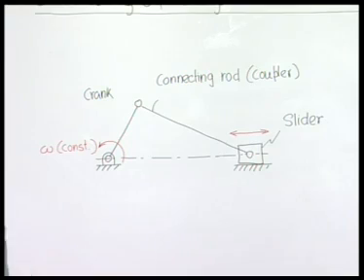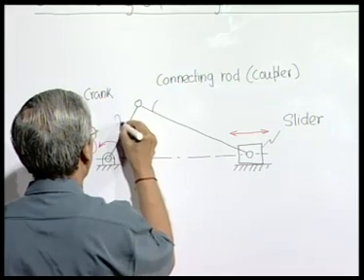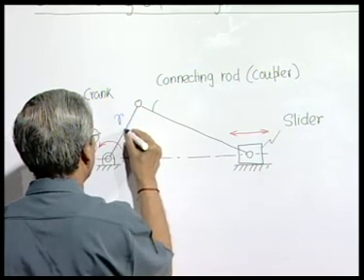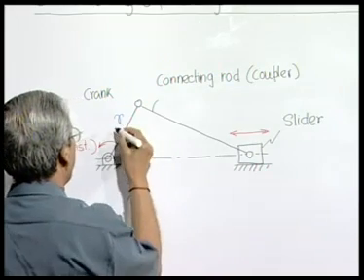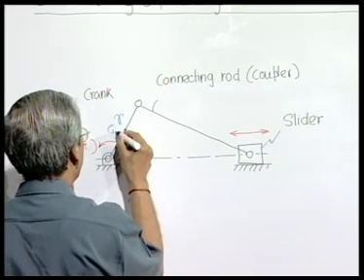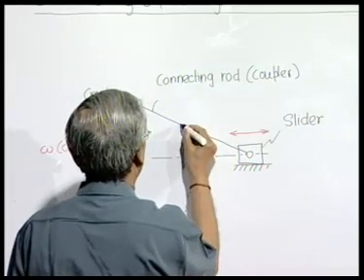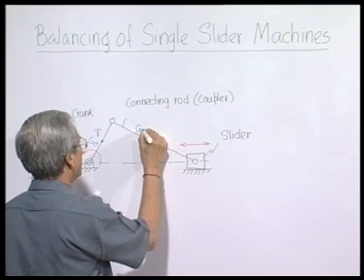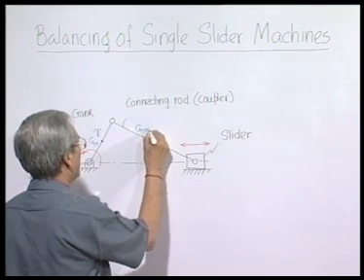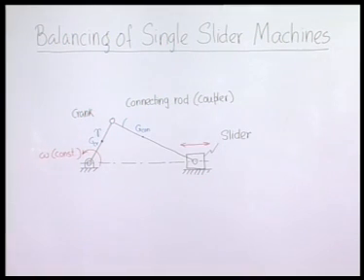So, here the dimensions normally are such as we have shown. Say here the crank radius is r and the CG of the crank is say here. The connecting rod, its center of mass is somewhere here, and of course, the center of mass of the slider is here.